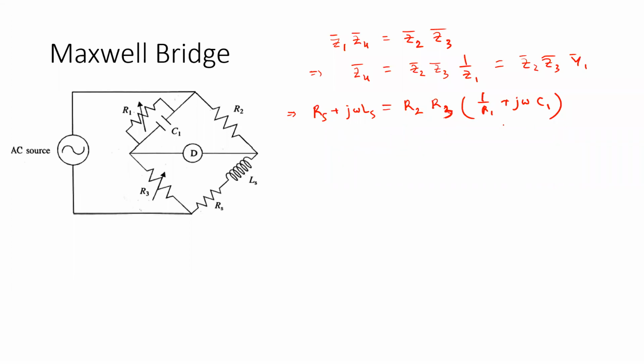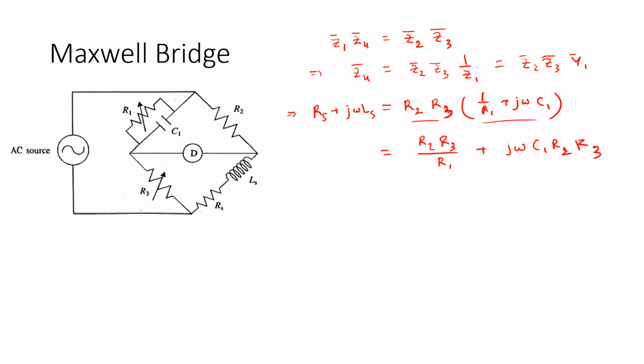I can simplify the right hand side. In this case, it is pretty straightforward. I am just multiplying this term with this, and now both my left hand side and right hand side, I can equate the real and imaginary parts.